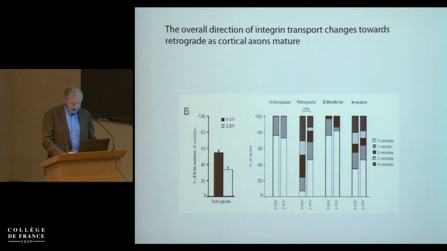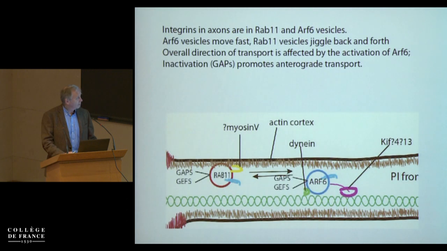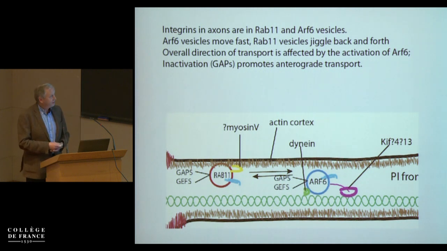So we see a change in the directionality of transport. And that transport, the rapid transport, is happening mostly in vesicles of the ARF6 type, which travel down microtubules, and partly in these Rab11 vesicles, which can attach both to actin and to tubulin.